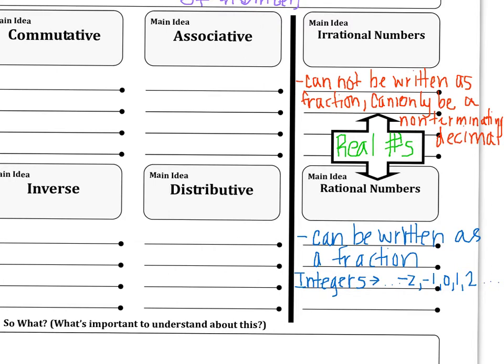So we have positive and negative numbers. And then we also have whole numbers. Whole numbers are the numbers that kids start counting with, except we add 0 as well. So whole numbers are 0, 1, 2, 3, and so on. So all the numbers that we can think of are real numbers, and we break those down into irrational and rational numbers based on whether or not they can be written as a fraction. And then under rational numbers, we also have integers and whole numbers.